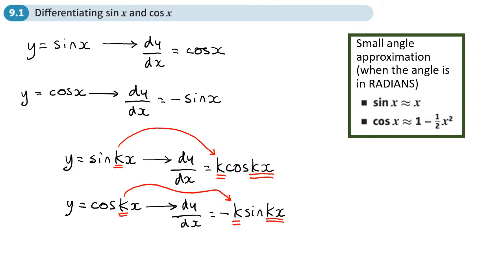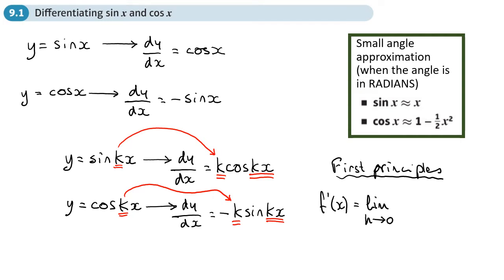And going back to the first principles differentiation, proving something from first principles. So just as a reminder, what you are trying to prove is that f dash of x equals the limit as h tends to 0 of f of x plus h minus f of x over h.